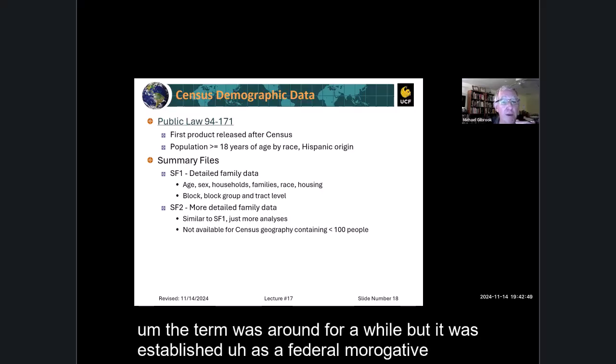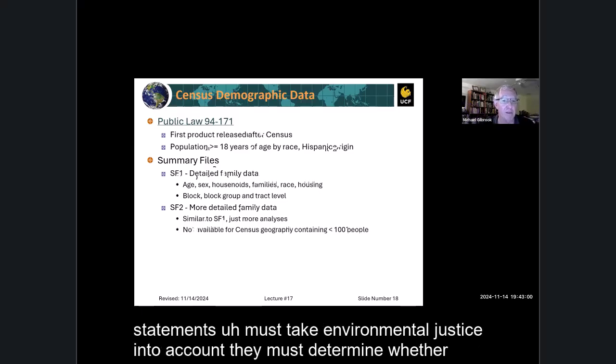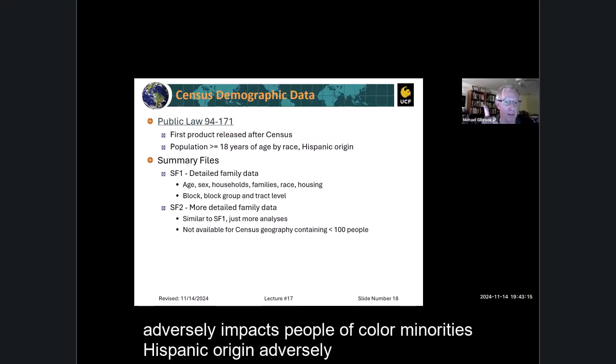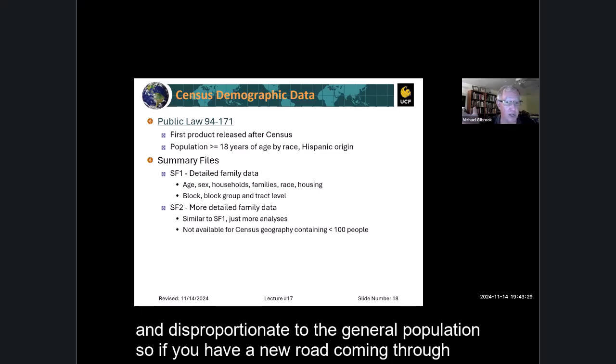the term was around for a while, but it was established as a federal prerogative by President Clinton. He wrote an executive order that said all federal environmental impact statements must take environmental justice into account. They must determine whether or not the federal action that's going to use federal money adversely impacts people of color, minorities, Hispanic origin, or people in poverty in a way that's both adverse and disproportionate to the general population.